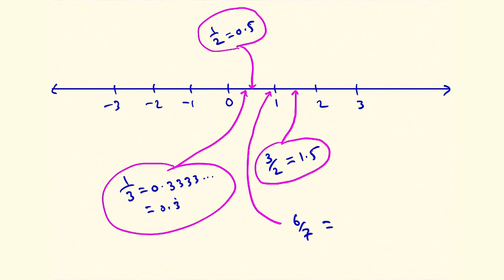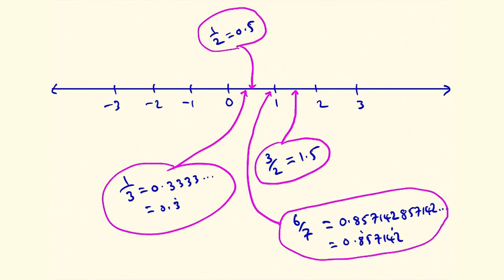Okay, and if you divide 7 into 6 repeatedly, what you get is 0.857142, and then the digits repeat, 857142 forever. So we say 6/7 is 0.857142 repeated.